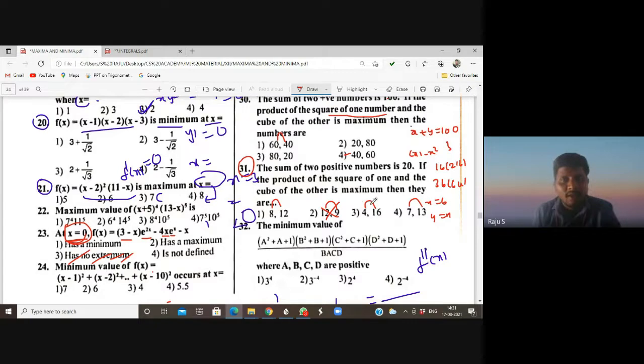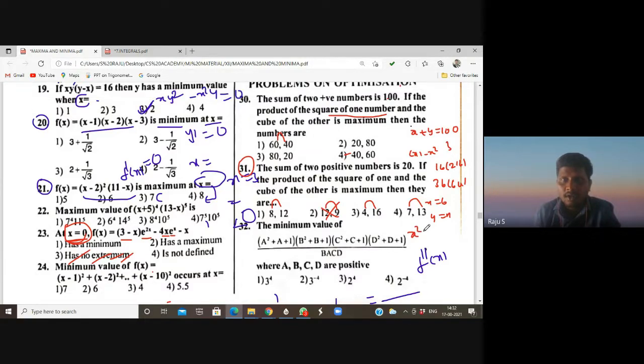Like the same, students, here also it is the product of the square of one and the cube of the other. So for what value of x comma y will it be maximum? Just substitute and verify that. Is it 4 square and 16 cube that is maximum, or 8 square and 12 cube?